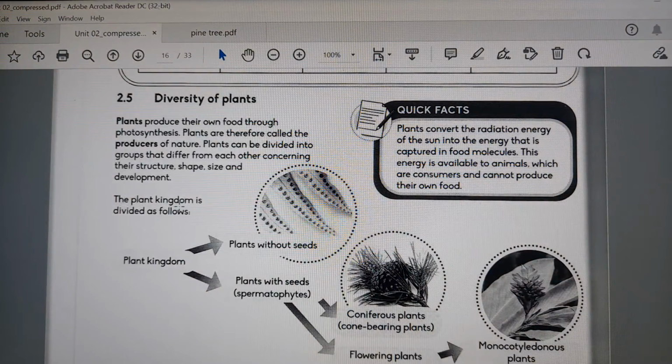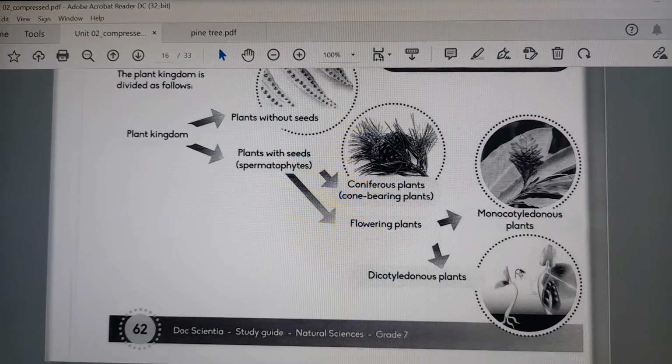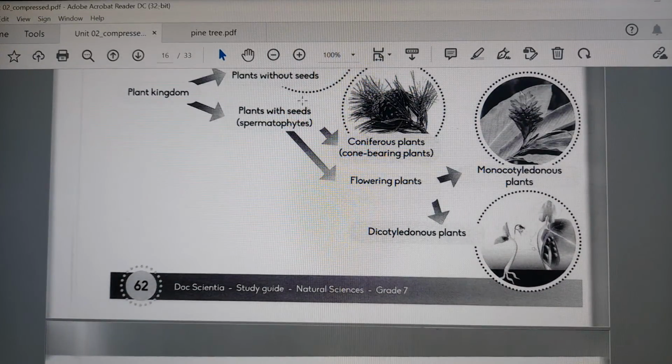So the plant kingdom is divided as follows. We have plants without seeds and we have plants with seeds, and we call them spermatophytes. Now let's look into the plants with seeds.